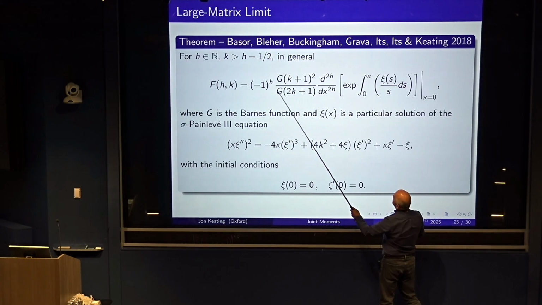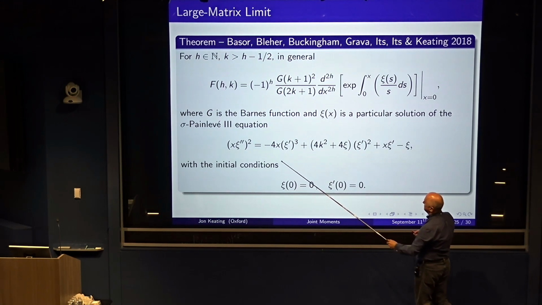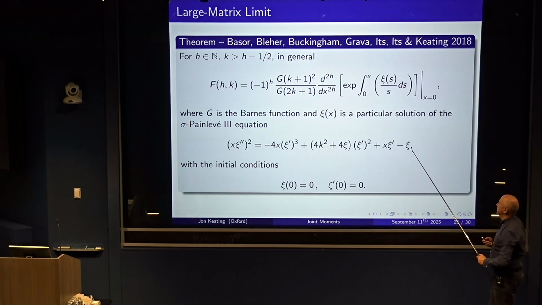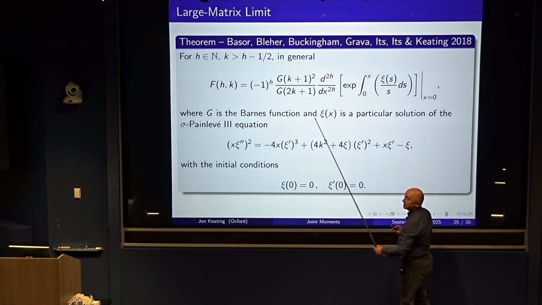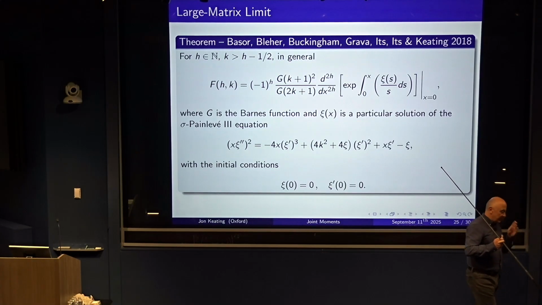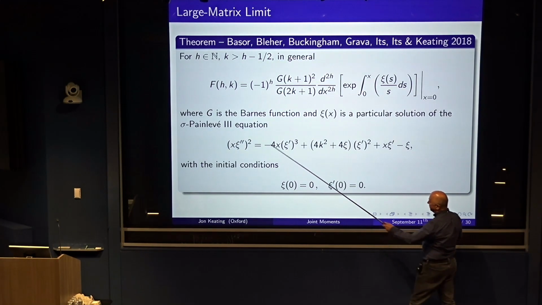This function f you can write explicitly in terms of the Barnes G function, and derivatives of the exponential of the integral of a function here, which is a solution of this nonlinear ODE, second order ODE. And this is the third Painlevé equation. So exactly joint moments are given in terms of solutions of Painlevé 5, but the asymptotics reduces to solving Painlevé 3, which is a different Painlevé equation.